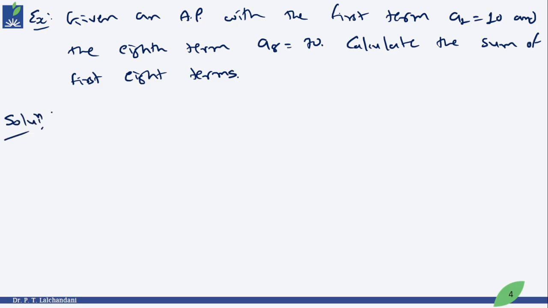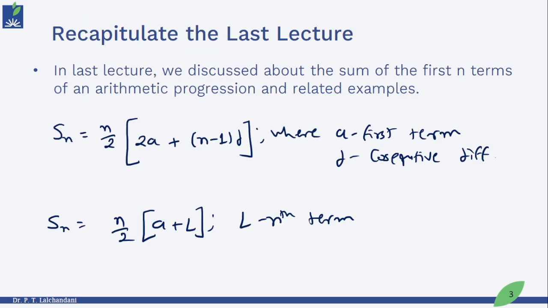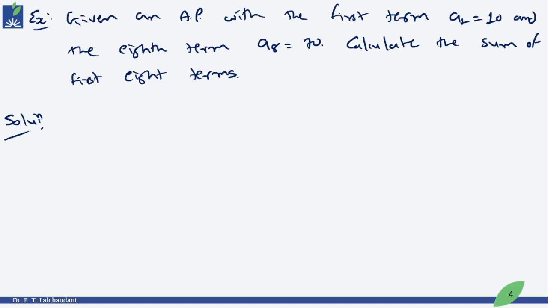Now we know that we have two formulas to find the sum of first n terms of an arithmetic progression. The first formula is Sn equal to n by 2 twice a plus n minus 1 d, and the other formula is n by 2 a plus L, where a is the first term and L is the nth term. We can observe that using the second formula will be easier, so we'll use the second formula.